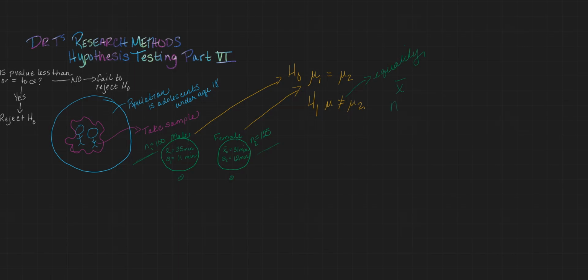My samples are greater than 30, and I have this equality in the null hypothesis. So I am going to do a z-test. If you're wondering where on earth I got that, you need to go back and watch a few of the previous videos.